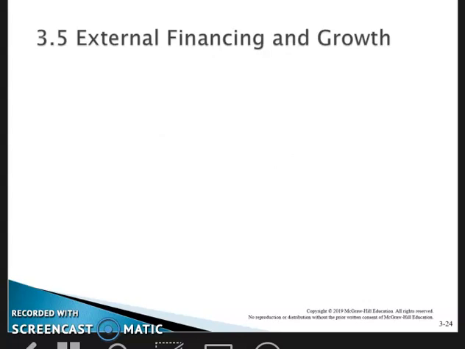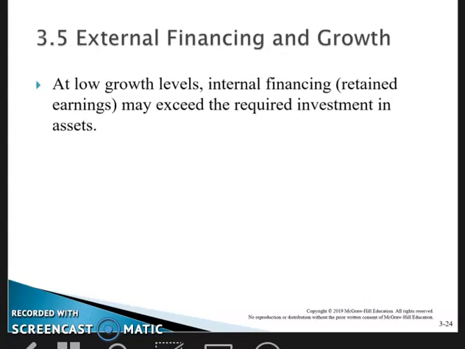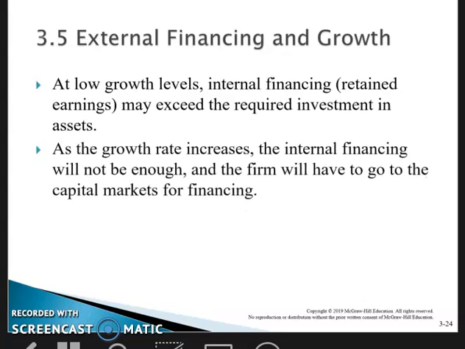So, external financing and growth. At low growth levels, internal financing, retained earnings, may exceed the required investment. But when the growth rate increases, internal financing won't be enough. The firm will have to go outside.